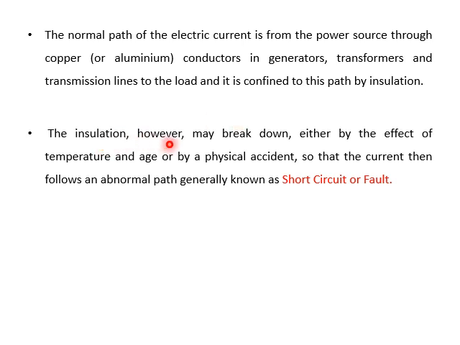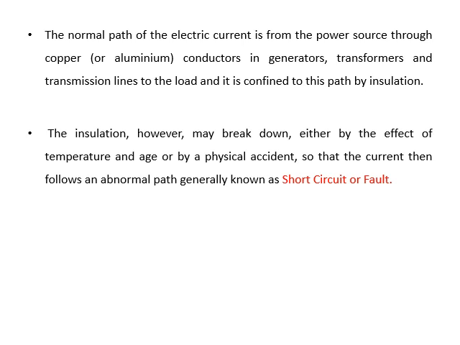The insulation, however, may break down either by the effect of temperature and age or by a physical accident, so that the current then follows an abnormal path, generally known as a short circuit or a fault. So this is the cause of a fault.